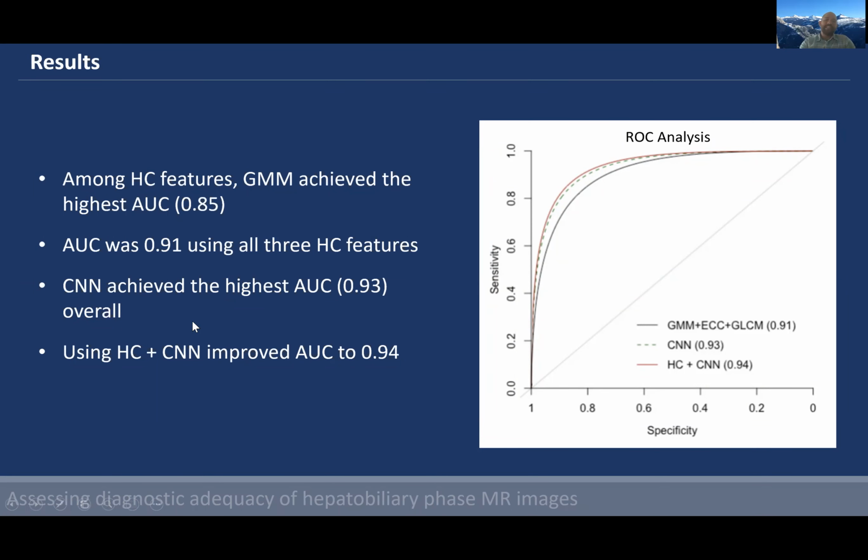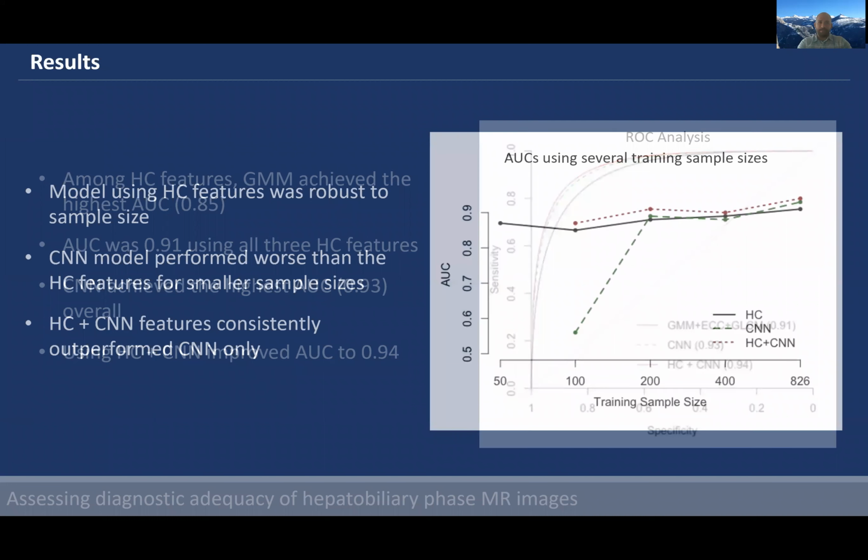As expected, the CNN achieved the highest AUC at 93%, but we did still see some marginal added benefit when we fused the 2 together in a hybridized approach. So we saw that the AUC improved to 94%. But what's really interesting is when we look at the training sample sizes, if we reduce that, which is common in radiology.